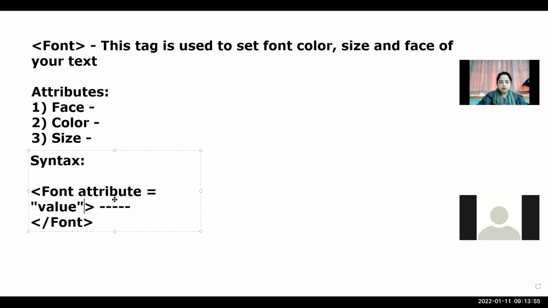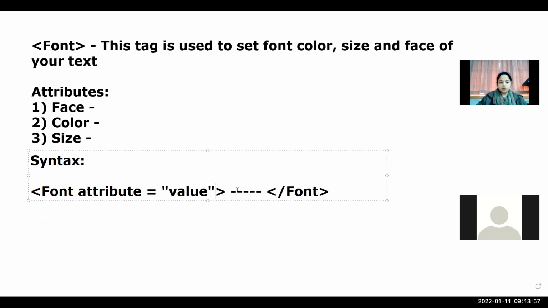So whatever attributes and values you are giving here, those styles and effects will be applied to the text that you type after the font tag and before closing it. जब तक क्लोज नहीं करेंगे फॉन्ट टैग को, जितना टेक्स्ट आप टाइप करते जाओगे उतने को ये वाले अप्लाई होते जाएंगे. ओके, क्लियर?